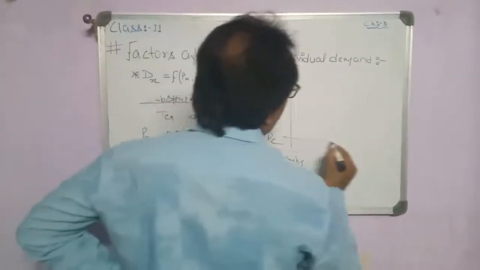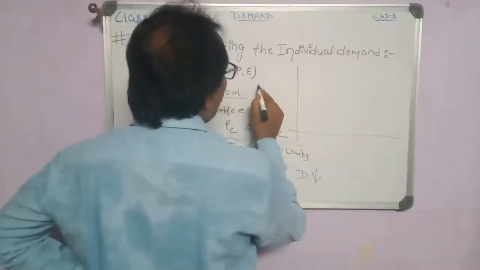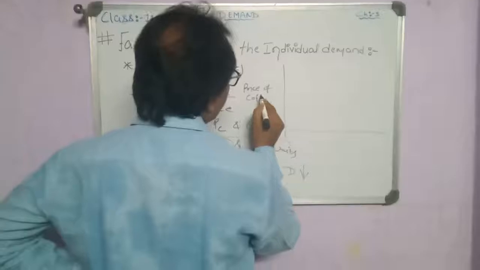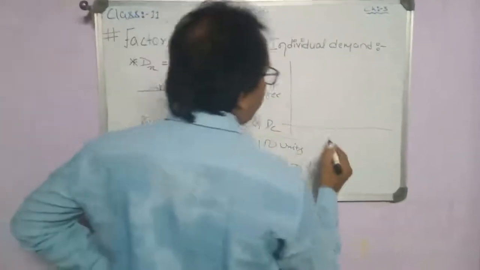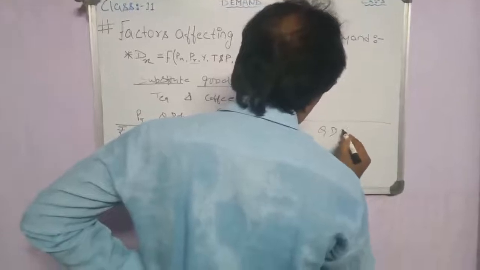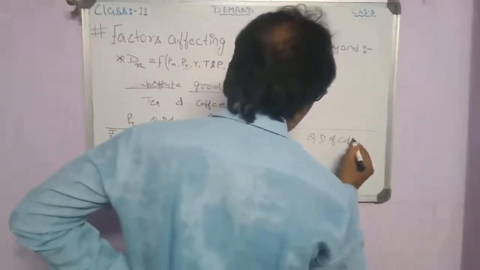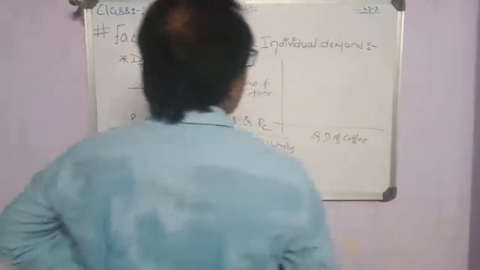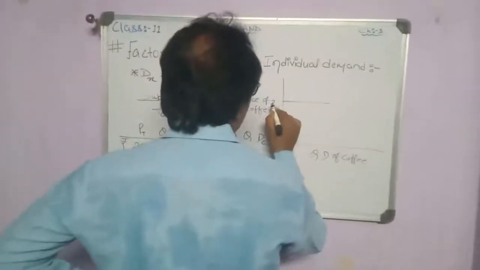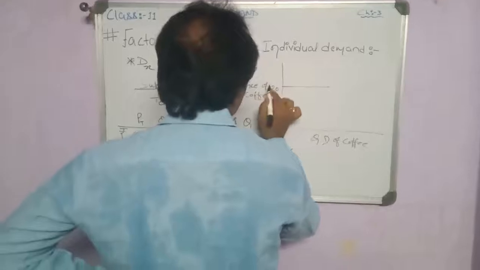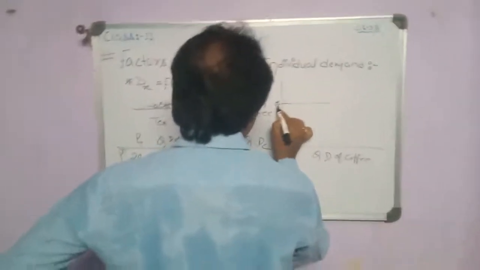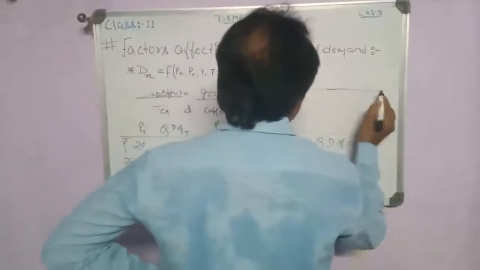Here, that is written, price of coffee. And here, quantity demand of coffee. Let the price be rupees 20. That is constant.